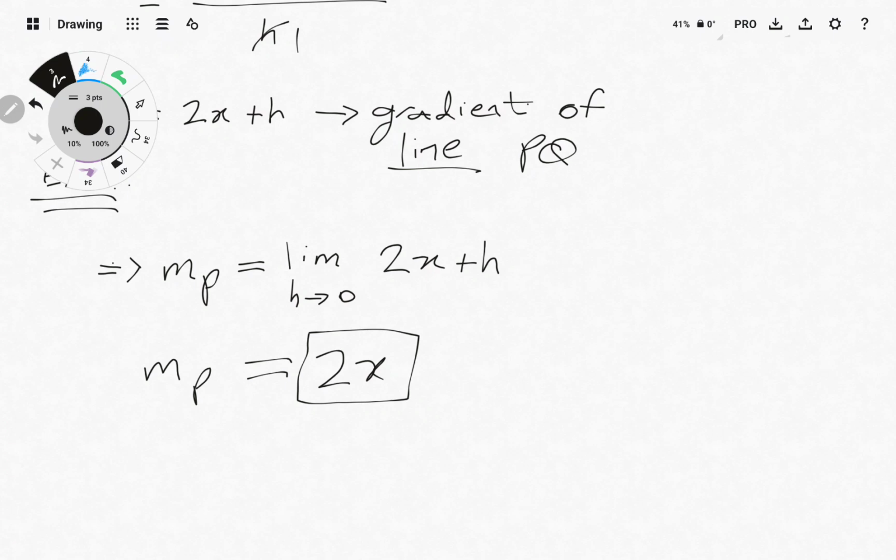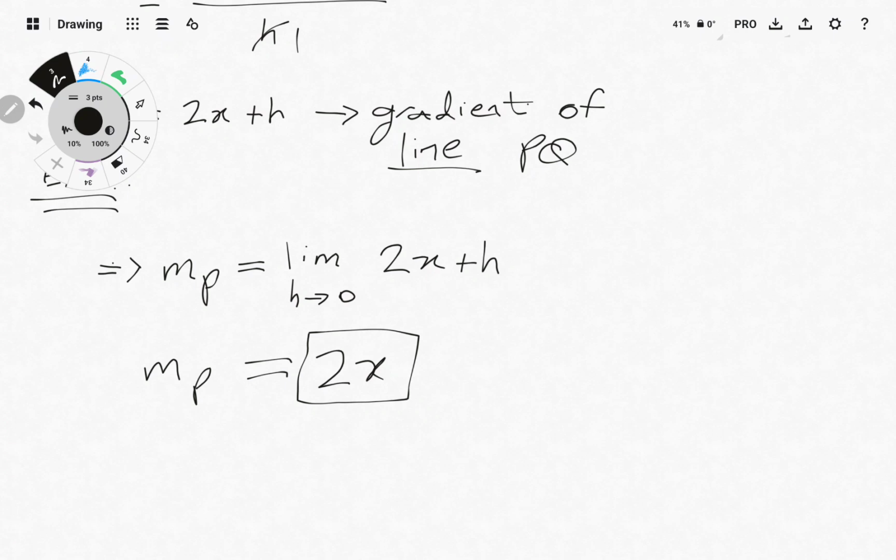What you have in front of you over here, this 2x, says that this 2x can give you the gradient of the curve y equals x squared at any point on the curve. All you have to do is plug in the x coordinate, not even the y coordinate, just the x coordinate of the point you want to find the gradient of the curve at.